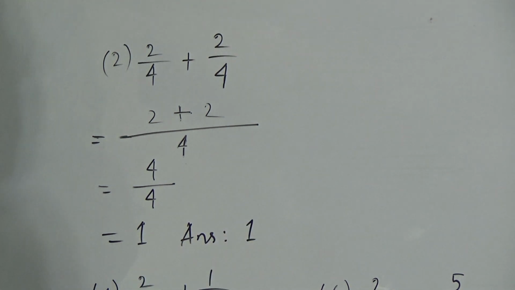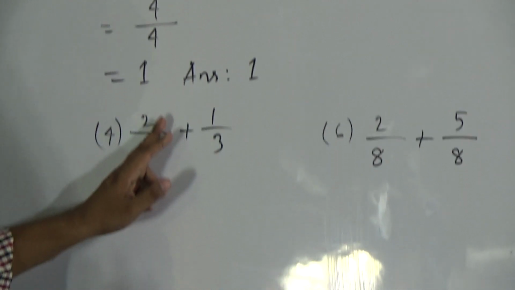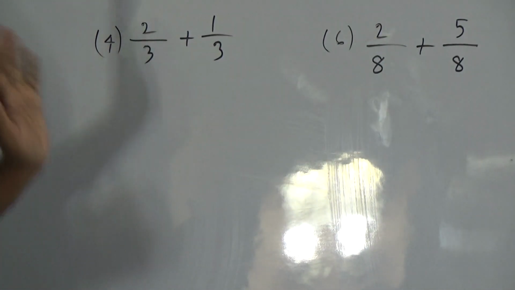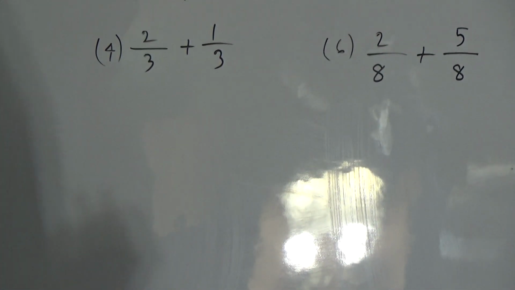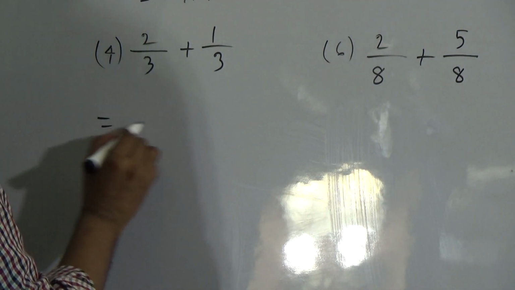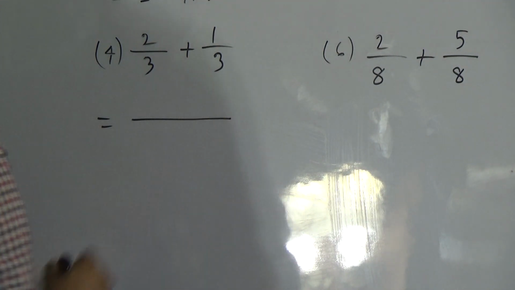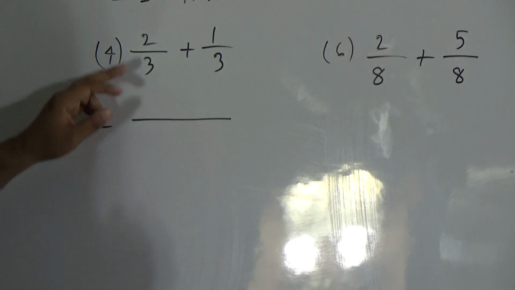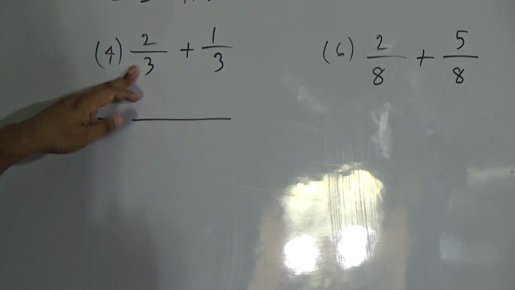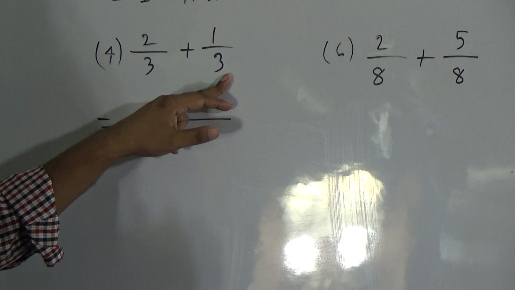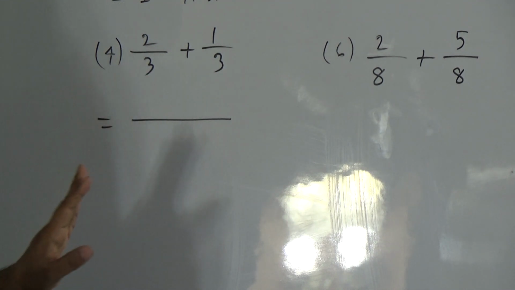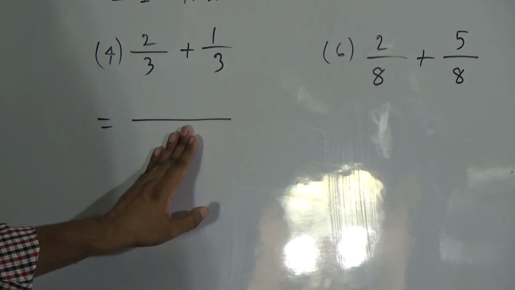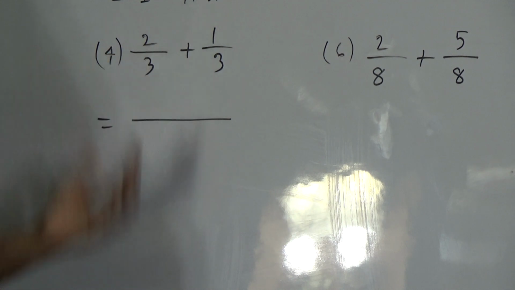Okay, dear students, now we'll add 2 by 3 with 1 by 3. Here the denominator of the first fraction is 3 and the denominator of the second fraction is also 3. So the denominator of the fraction obtained after addition will also be 3.